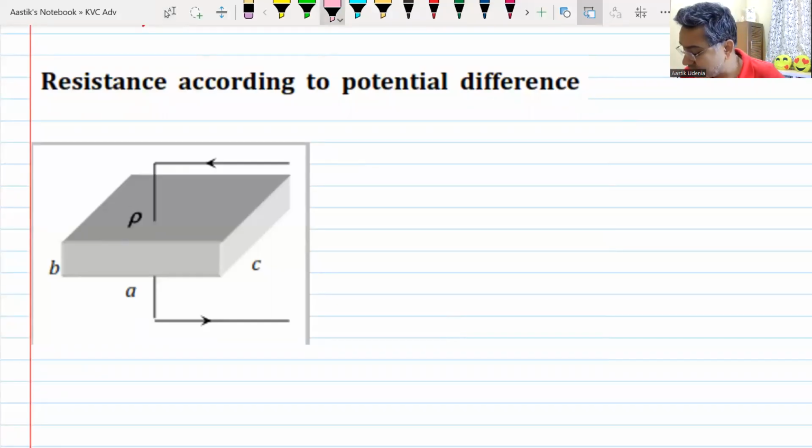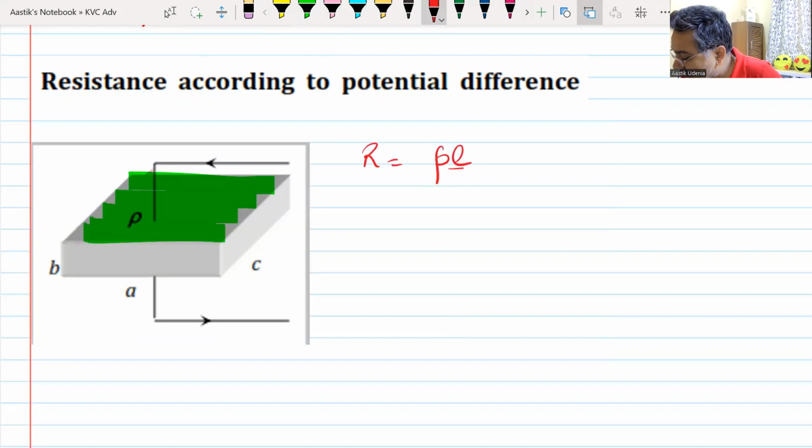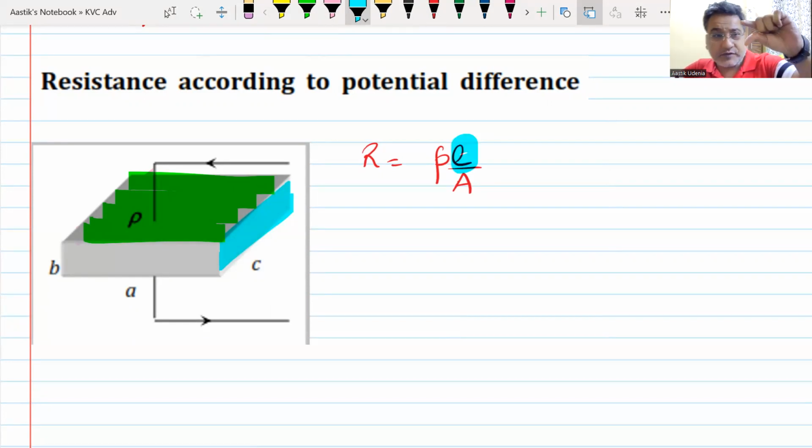So how are we supposed to do this? As you can see, you can find out the area of this face, that becomes the area. Remember, the resistance is given by rho L by A. L is the length of the conductor. In this case, the value of L, the length of the conductor, would be this distance. The wire is connected from the top face to the bottom face.